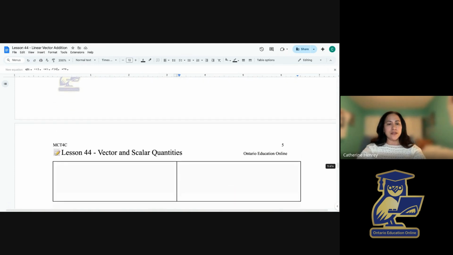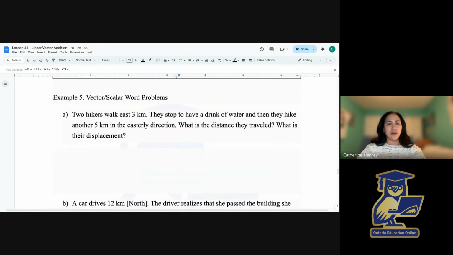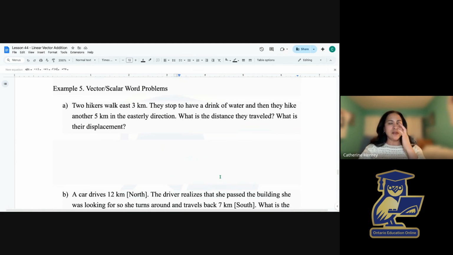Take a look at some other examples. So here we'll start talking about vector and scalar word problems. If two hikers walk east 3 kilometers, and they stop to have a drink of water, and then they walk another 5 kilometers in the easterly direction, what's the distance they traveled, and what's the displacement they traveled?